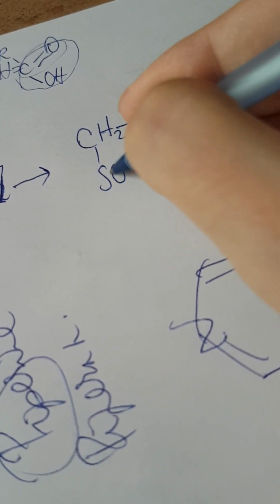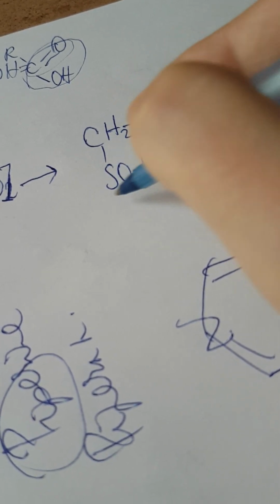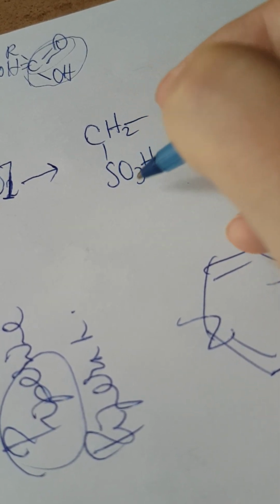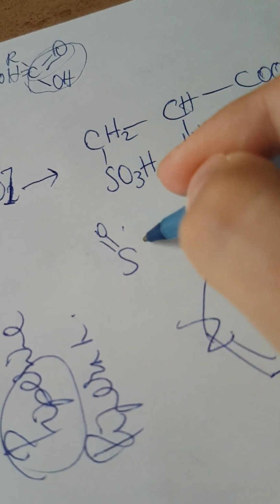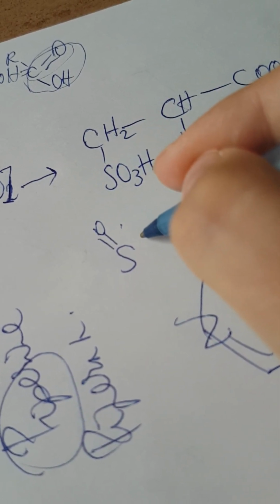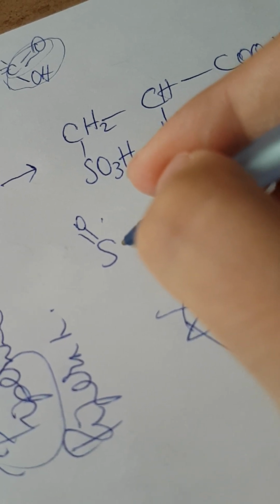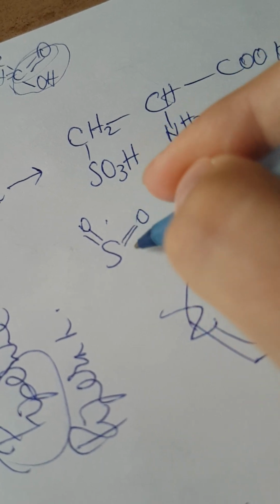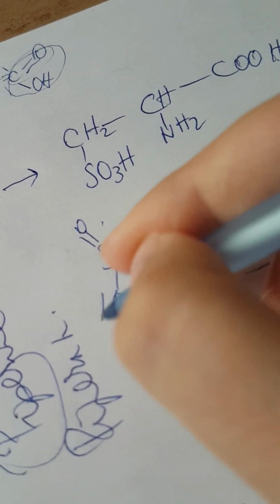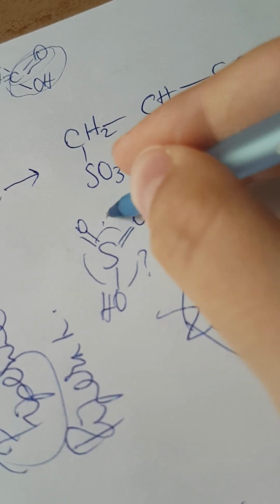You can have sulfonic acids, and this is a sulfonic acid with SO3H. If you were to write this up, you would get something like this. In space it would be a bit different, the angles and such.